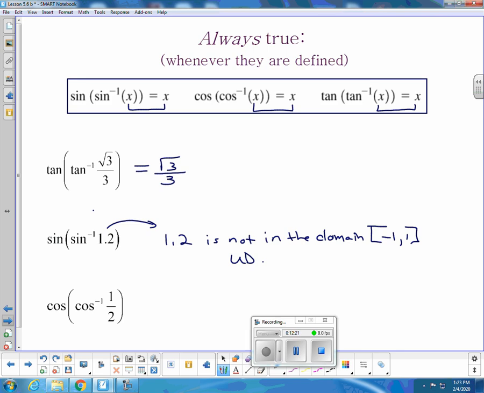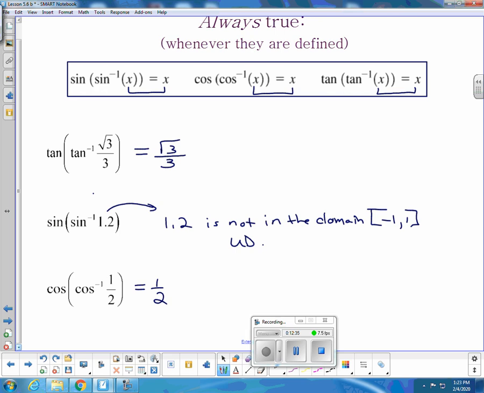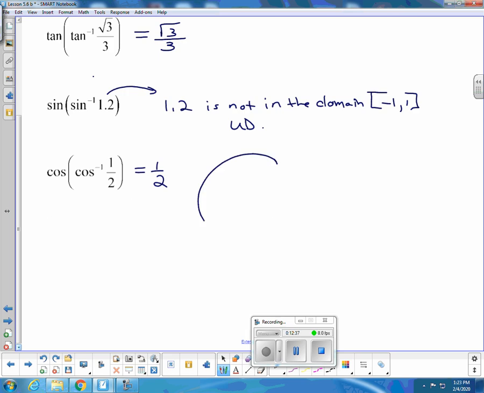Cosine inverse of 1/2. Is 1/2 within negative 1 and 1? Yes. So the answer here is going to be 1/2. If you want to see a step-by-step demonstration, let's do this. What angle from the top has cosine inverse 1/2? What angle has cosine 1/2? This guy right here?